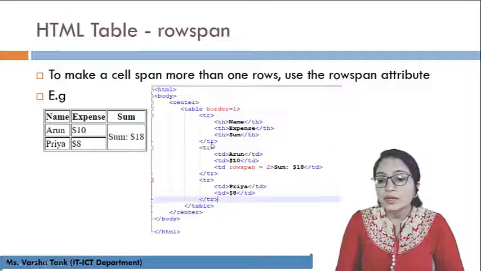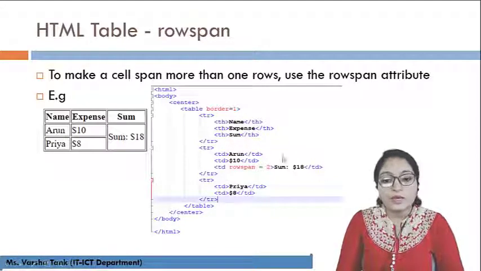So here Arun, table data, then in the table data 10 you have defined, then in the table data you have defined rowspan equal to 2, and you have given this input value, that is sum equal to $18. Okay, this TD is complete. Now what do you have to do over here in the third row? See, over here we have done the rowspan 2. That means the table field in this row is already occupied.